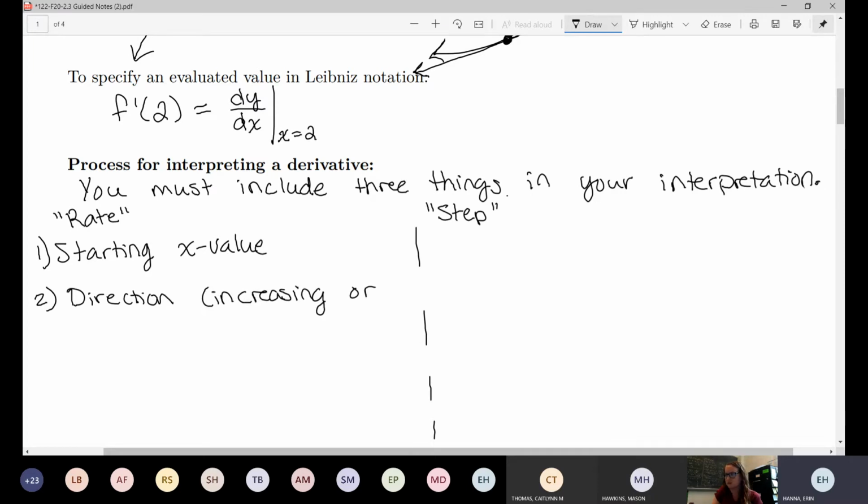Starting, I do mean starting. You want to state the starting value. Let me just be extra clear there.